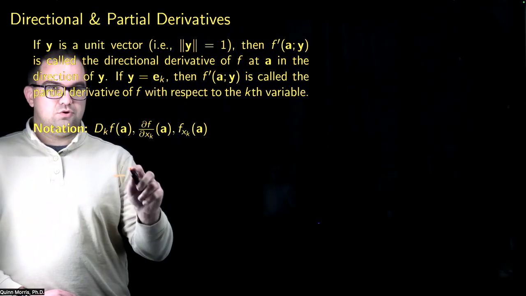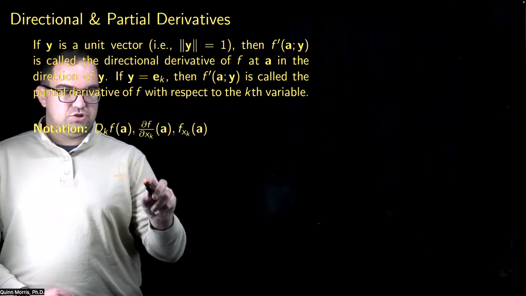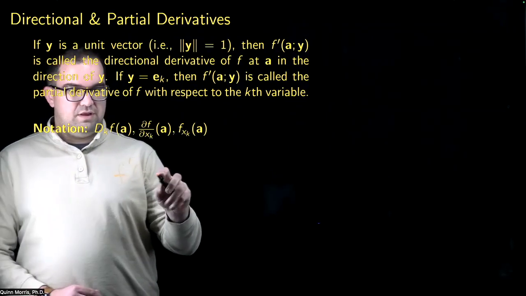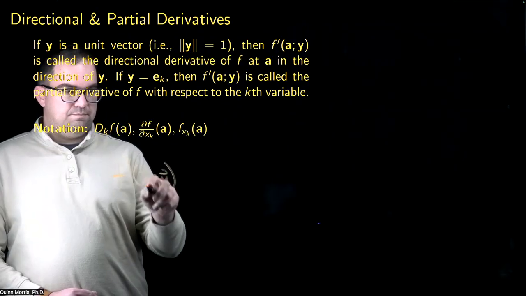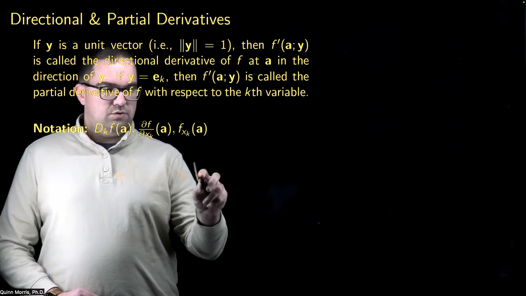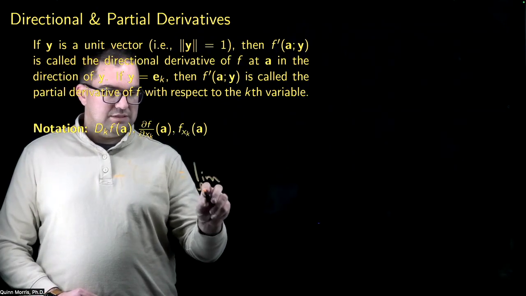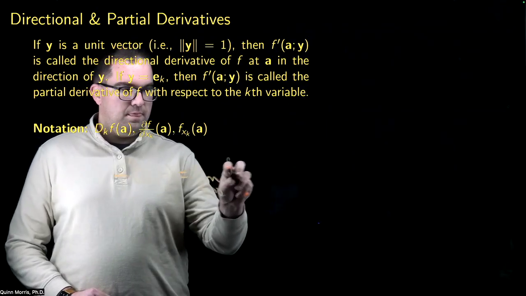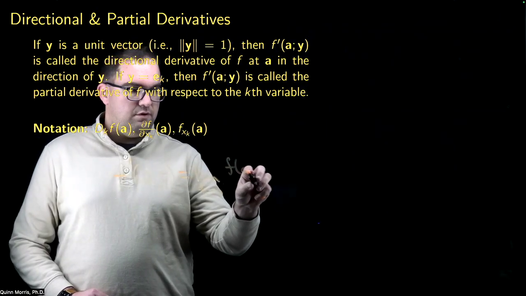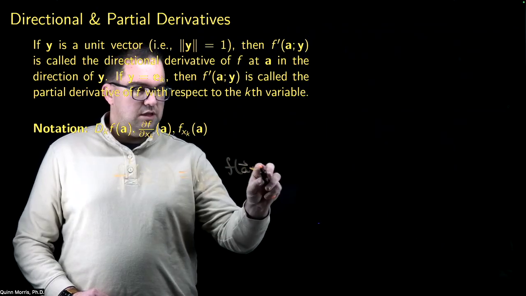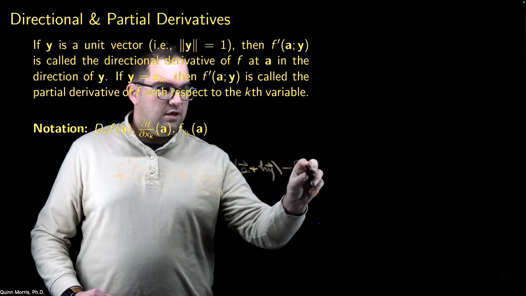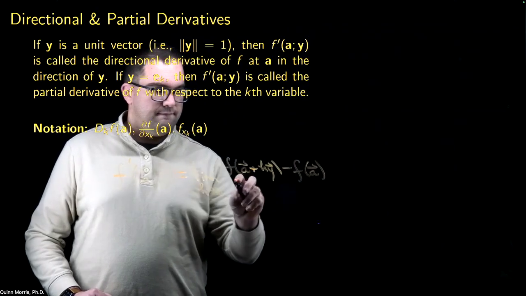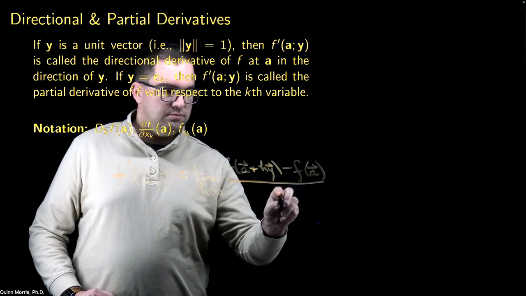If we think back to the previous definition, we said the derivative of f with respect to y at a point a was equal to the limit as h goes to 0 of f of a plus hy minus f of a, over h.